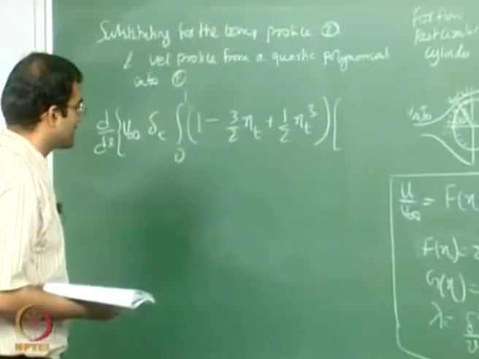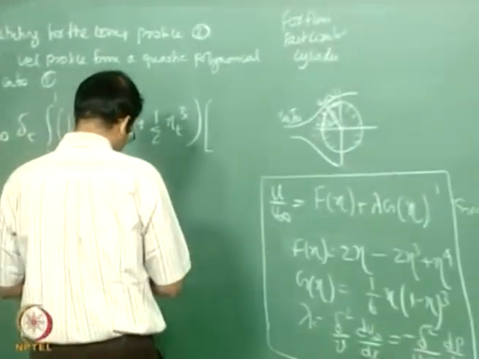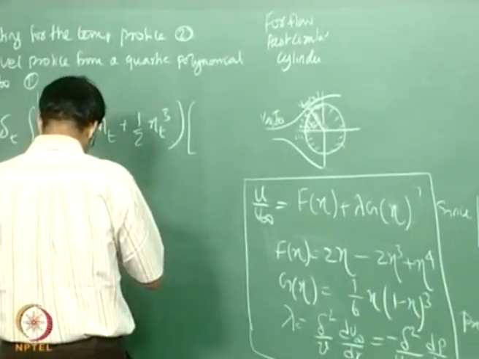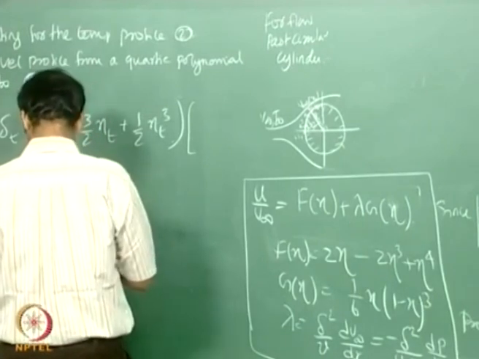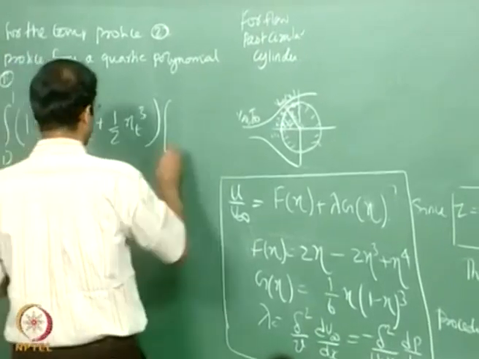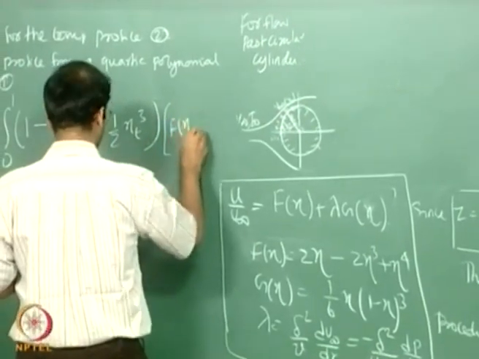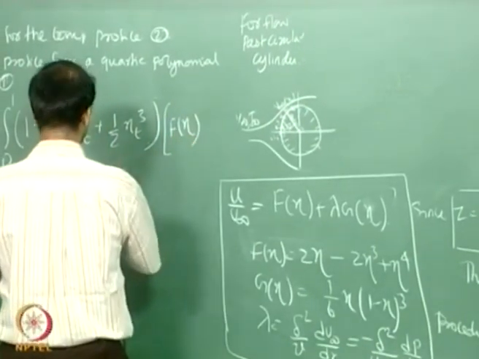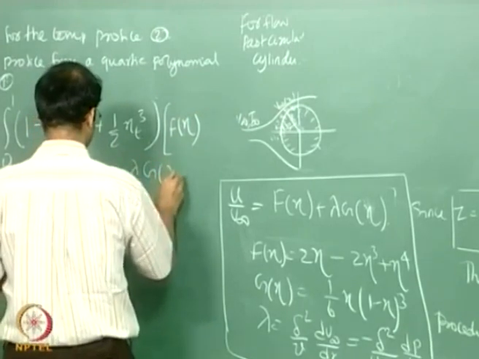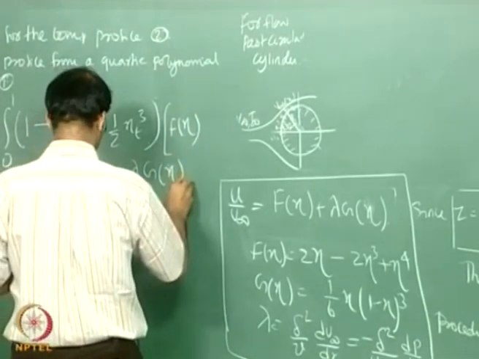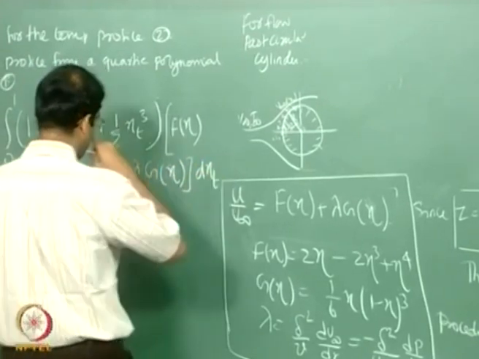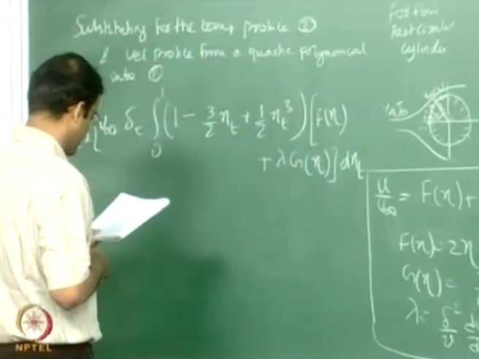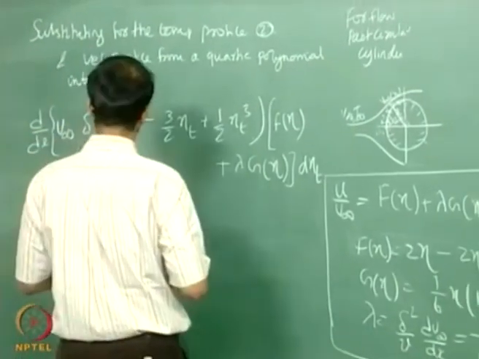Okay. Now from this we can substitute for the velocity profile. So this will be f of eta plus lambda g of eta, d eta t. D eta t is the variable with which you are integrating, and that is it.